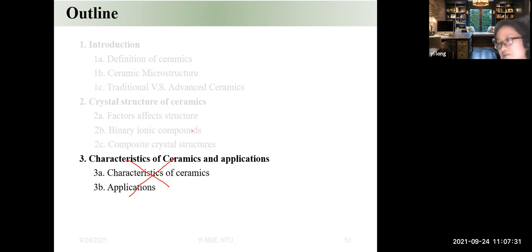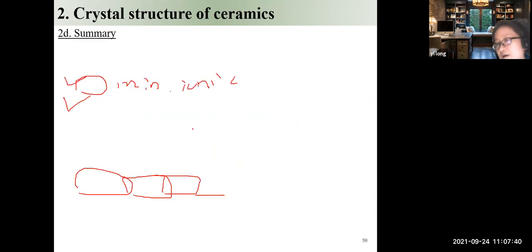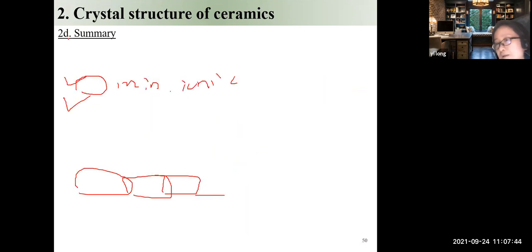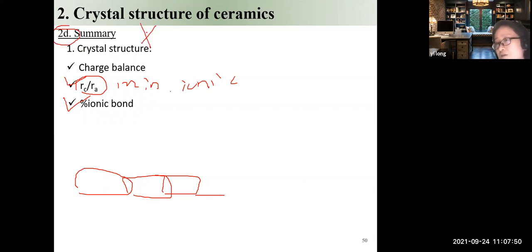And as I always say, the first week is always a simple one. The important technical part is the next portion, part two. Part two is very important. So crystal structures, this portion is the VIP part of this week. Okay, so determine the rC over rA.